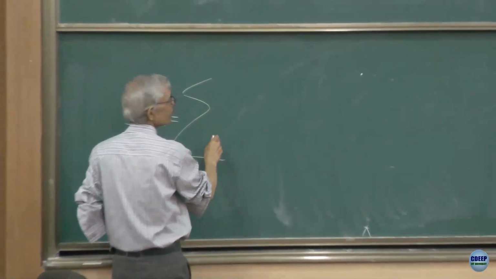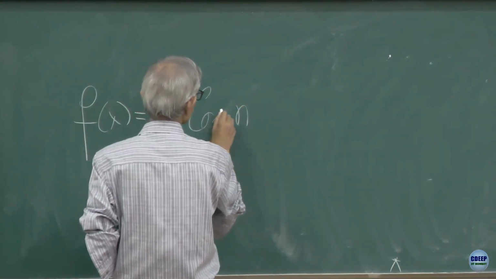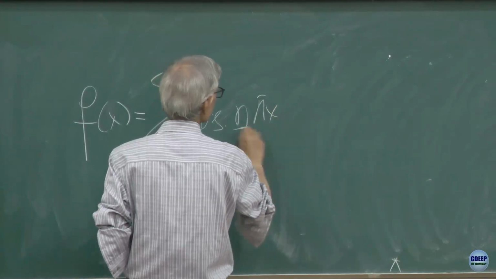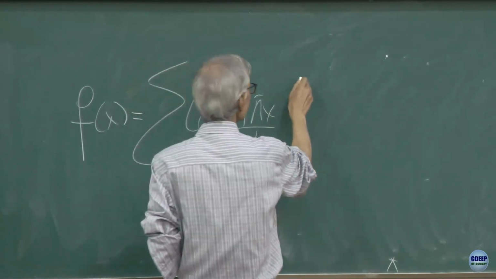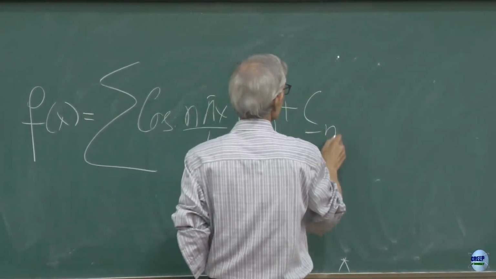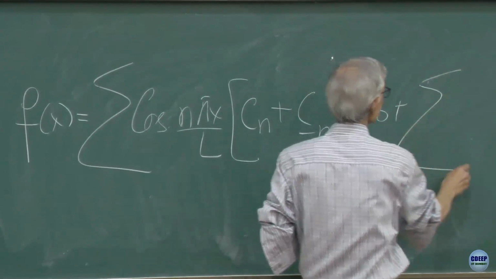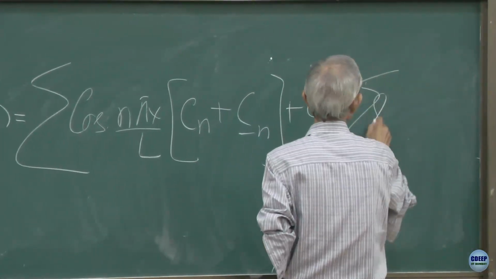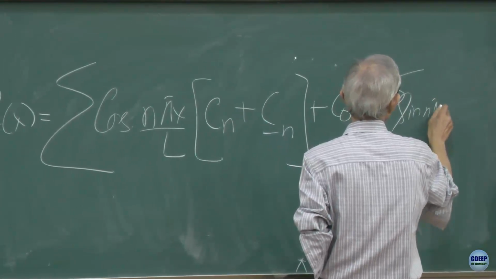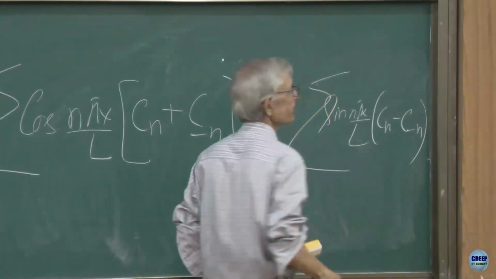So f of x is equal to the summation of cos n pi x by L multiplied by Cn plus C minus n, plus C naught, plus the summation of sine of n pi x by L times Cn minus C minus n.